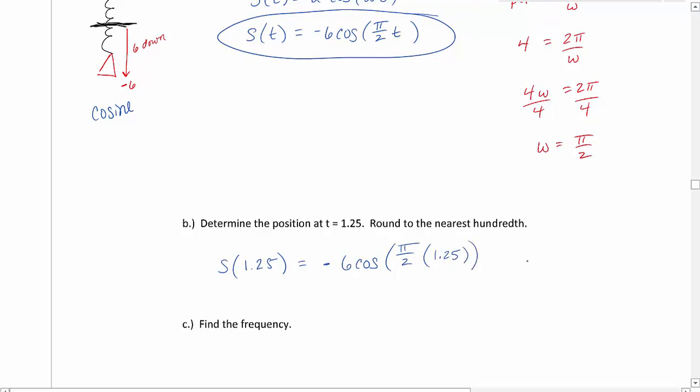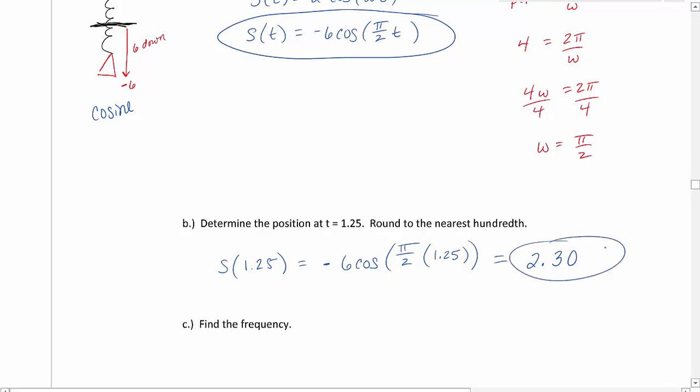Make sure that you are in radian mode. And rounding to the nearest hundredth, we get 2.30. And since they didn't give us a unit of feet or centimeters, we just don't include a unit, or you can just write the word unit.